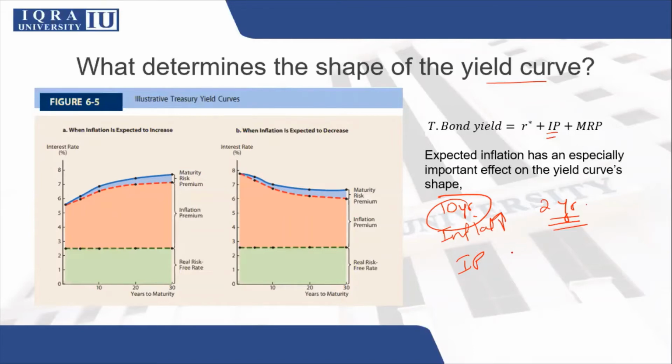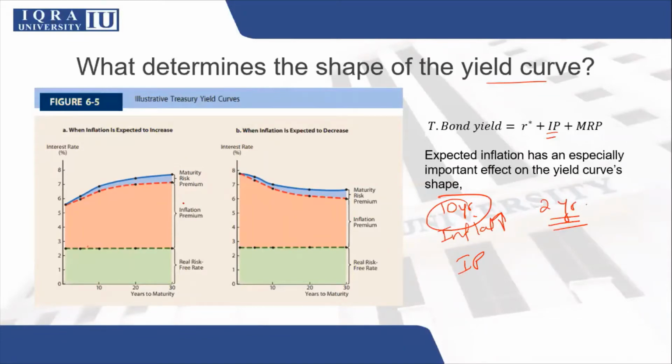And it is expected that inflation will be more in the coming years than the current year. So that means that the inflation premium is going to increase with the maturity of the bond. And you can see that the maturity risk premiums over here, the gap is small and it is increasing.